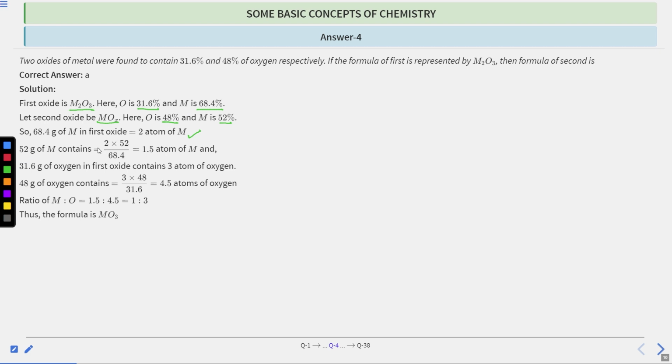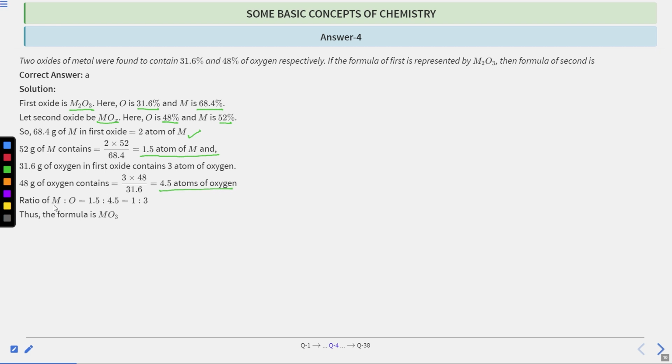That will be calculated as 2 multiplied by 52 divided by 68.4, and it is coming out as 1.5 atoms of metal. And similarly, 31.6 gram of oxygen contains 3 atoms of oxygen. So 48% or 48 gram of oxygen contains how many atoms of oxygen? That will be found as 3 multiplied by 48 divided by 31.6, which is coming out as 4.5 atoms of oxygen.